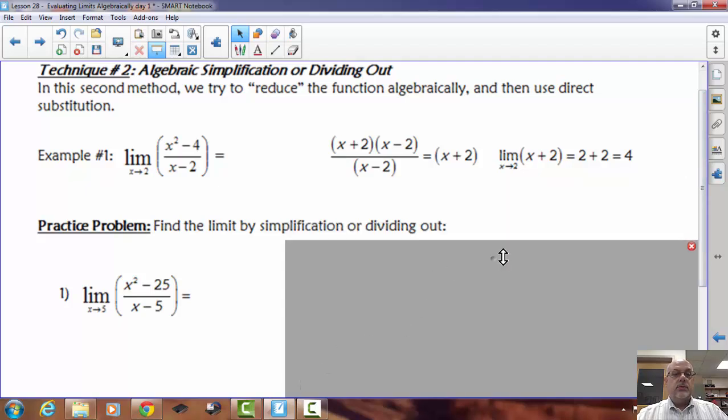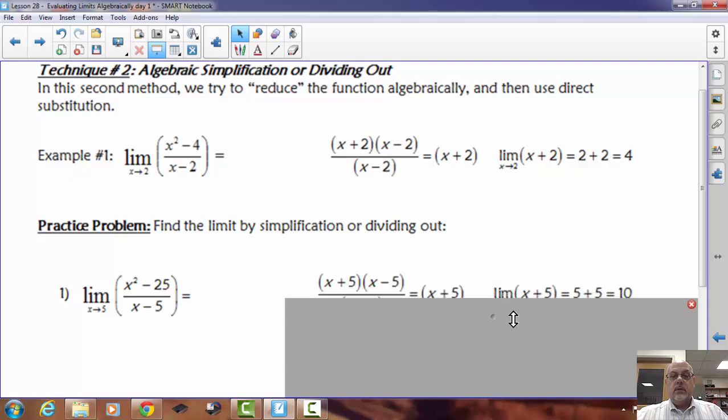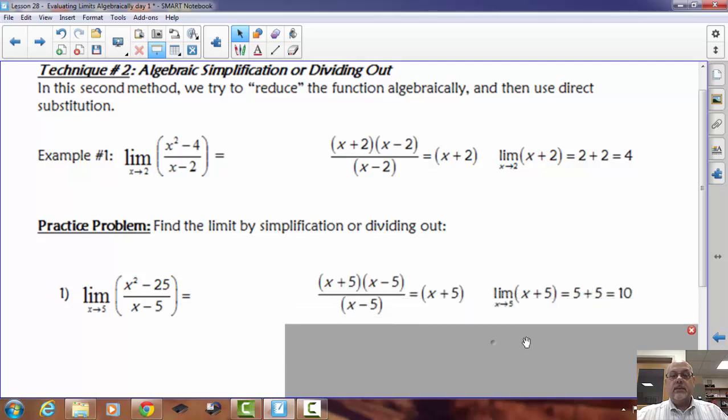So let's do a practice problem. We're looking to find the limit as x approaches 5 of the function x squared minus 25 over x minus 5. So when we do a direct substitution, we find that we'll have an indeterminate form.